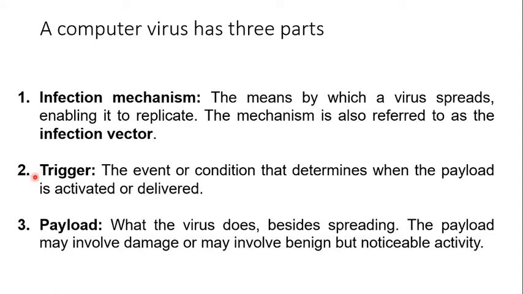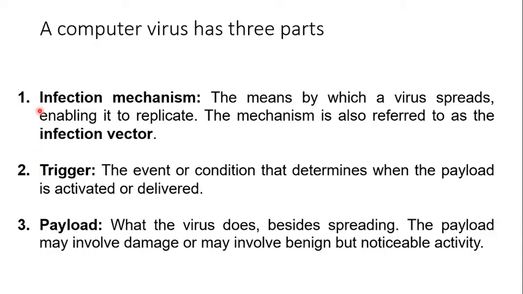That initiation of your particular process, your particular computer program, is what is called the trigger. It is the part from which the activation will happen. Once the trigger is activated, only then will the working of the computer virus begin.